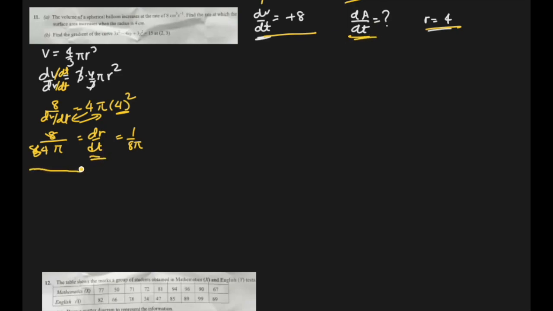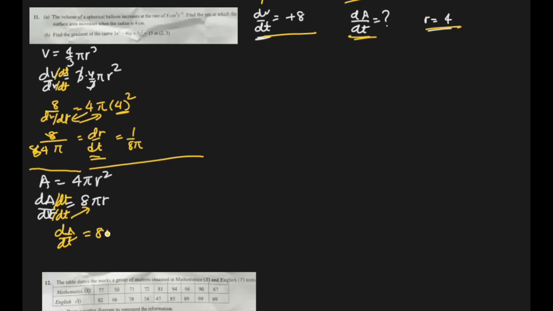And for that, we'll repeat what we did here, but for area this time. The surface area of a sphere is 4 pi r squared. dA over dr will be 2 times 4, 8 pi, and the exponent of r goes down by 1. Now again we will do the same thing here. Dividing by dt is basically the chain rule, you might have learned that. dA over dt stays here, and dr over dt multiplies with this one.